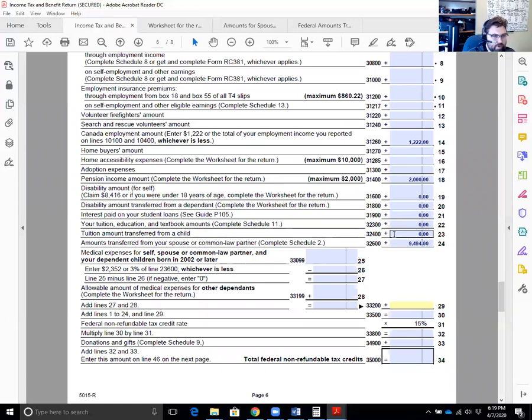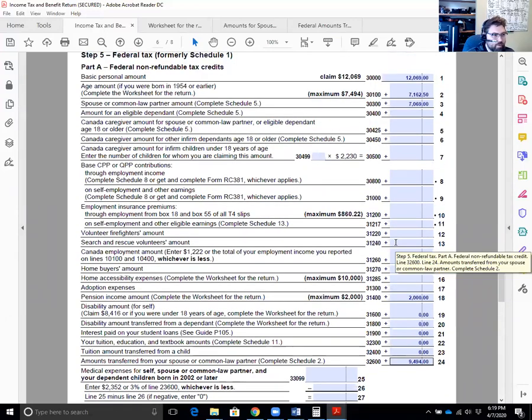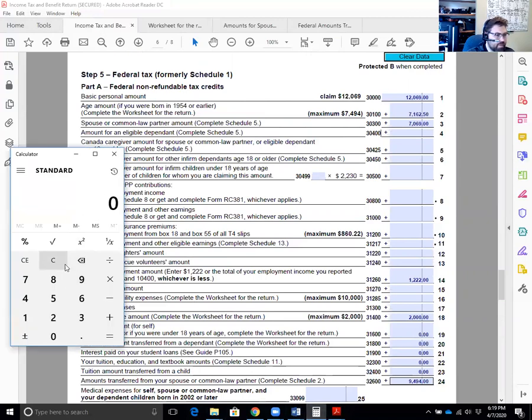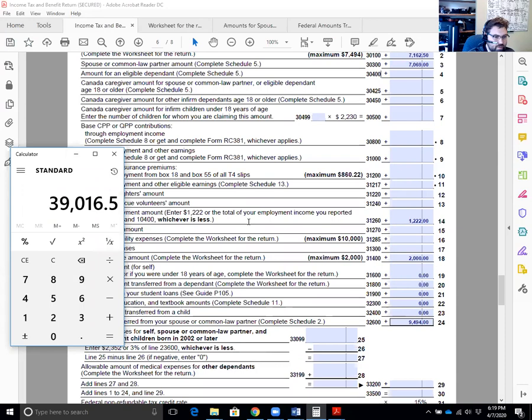Okay, let's add up. We might as well finish our step 5, which used to be called schedule 1. Why not? Let's do the work. 12,069 plus 7,162.5 plus 7,069 plus 1,222 plus 2,000 plus 9,494, 39,016.50.